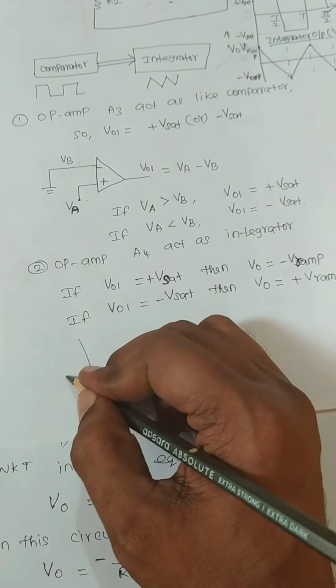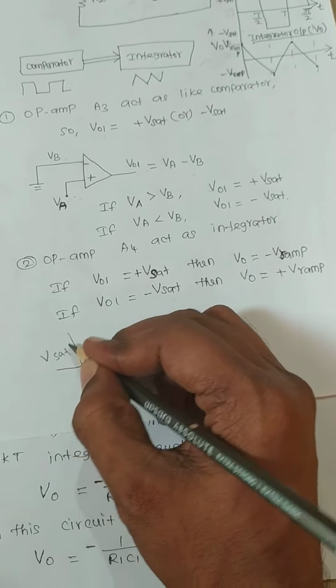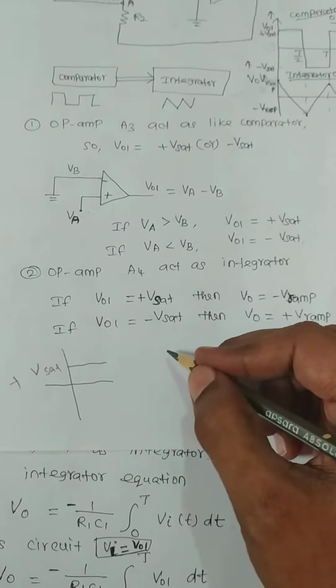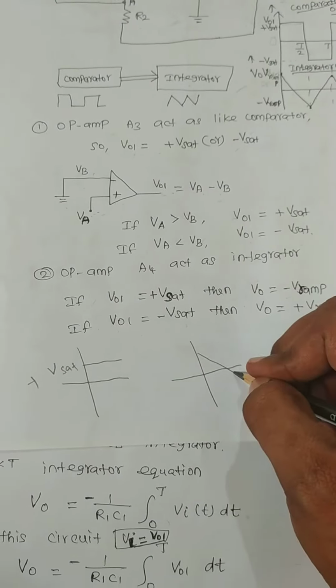For example, if I apply plus Vsat, we will get V0 as minus Vramp, negative ramp.